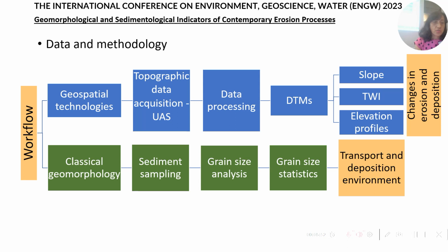And classical geomorphology is related in this research to sediment sampling, morphometric analysis, and grain size analysis. Both sub-workflows lead to conclusions about the transport and deposition environment, and about changes in erosion and deposition.